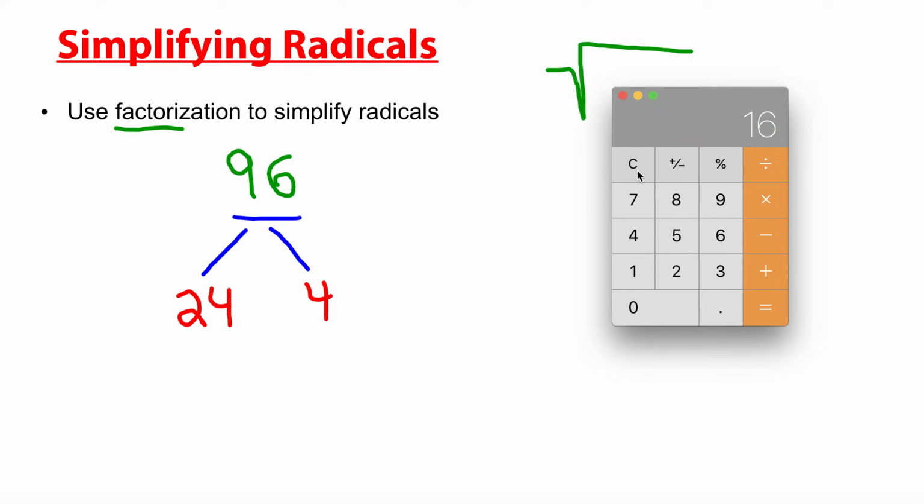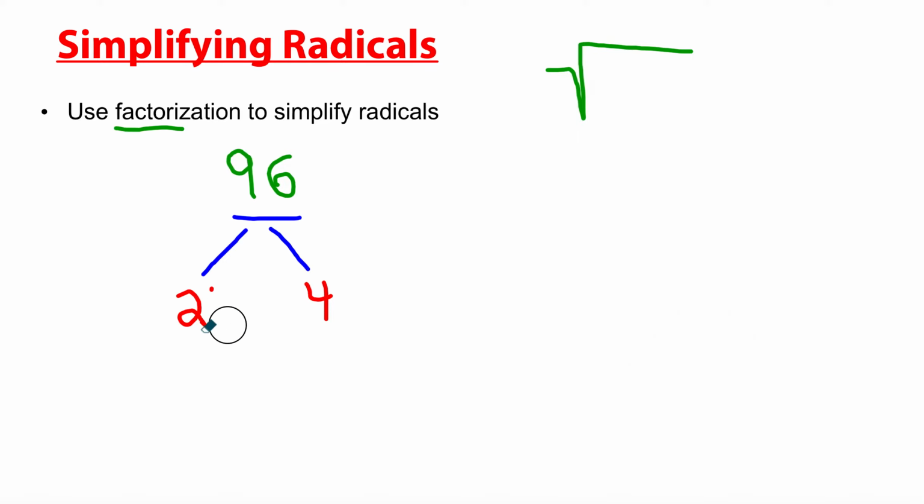It is. 16 times 6 is 96. And those are the two that I'm going to use, and we'll get into exactly why I chose to use those in a second. Okay, 16 and 6. Now neither of those are prime numbers, so we need to continue working.